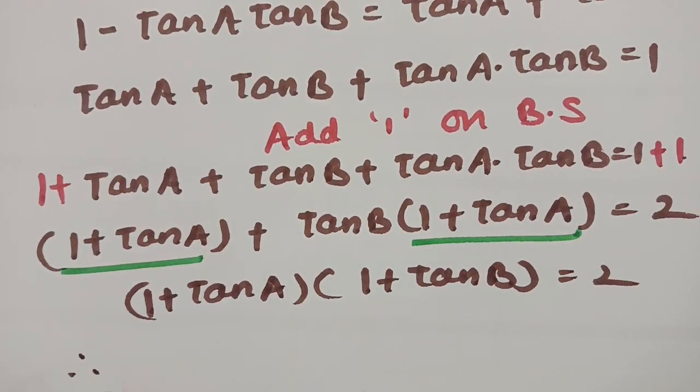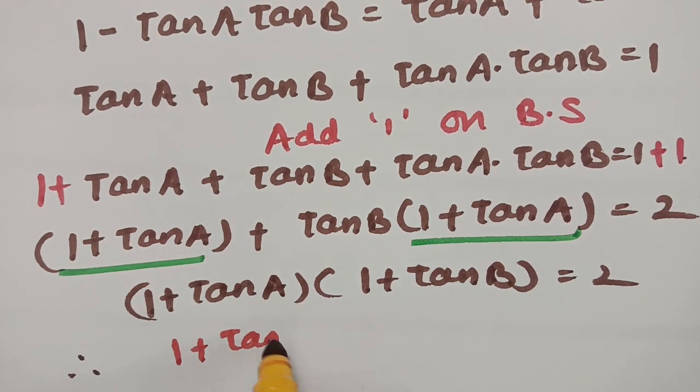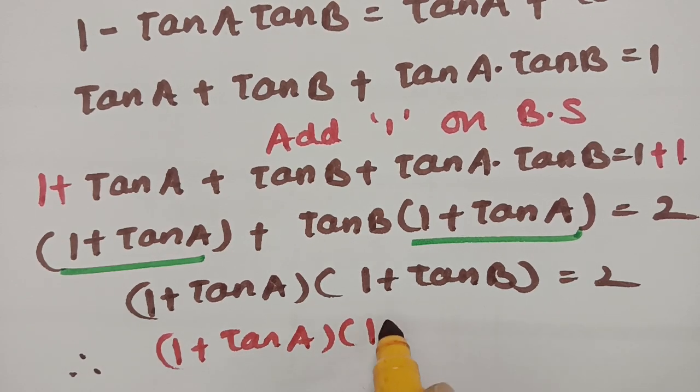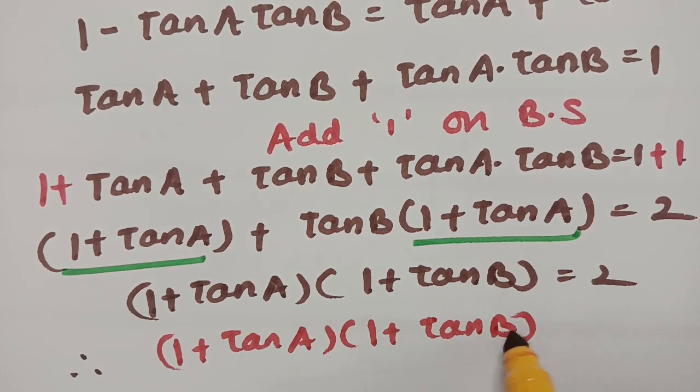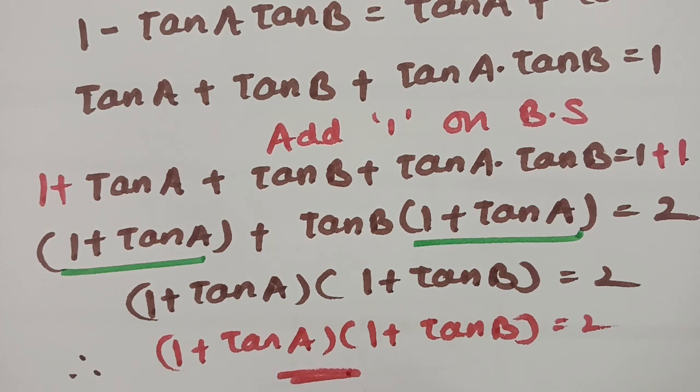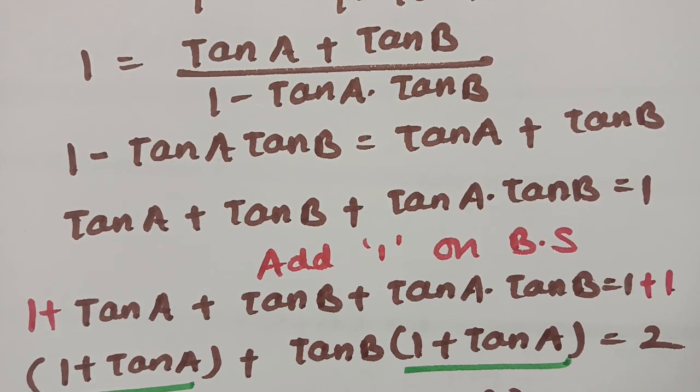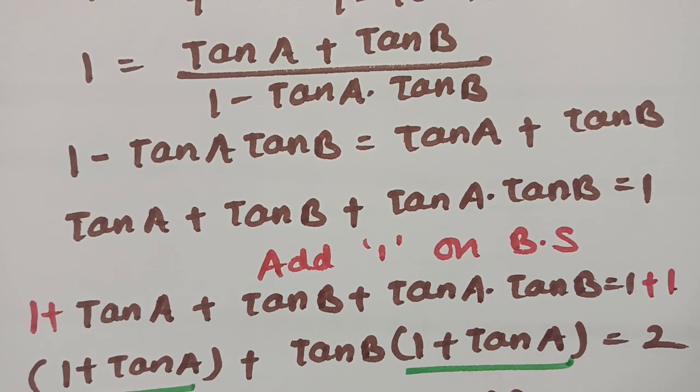Therefore, we got the value of 1 plus tan A into 1 plus tan B as 2. So this is what is asked to show. So 1 plus tan A into 1 plus tan B is equal to 2.